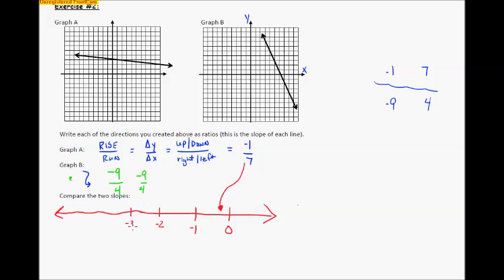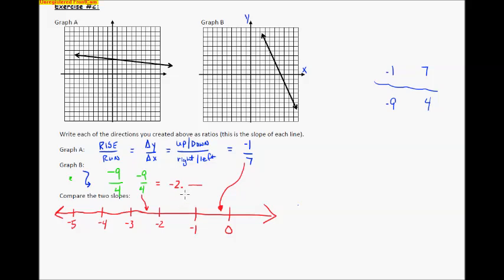Because if I take negative 9 and divide by 4, it's going to be smaller than negative 2. It's going to be negative 2 point something. So it's definitely going to be in between negative 2 and negative 3.